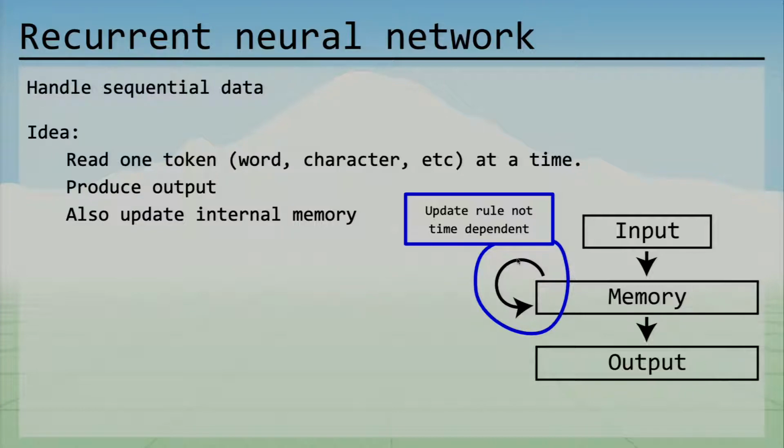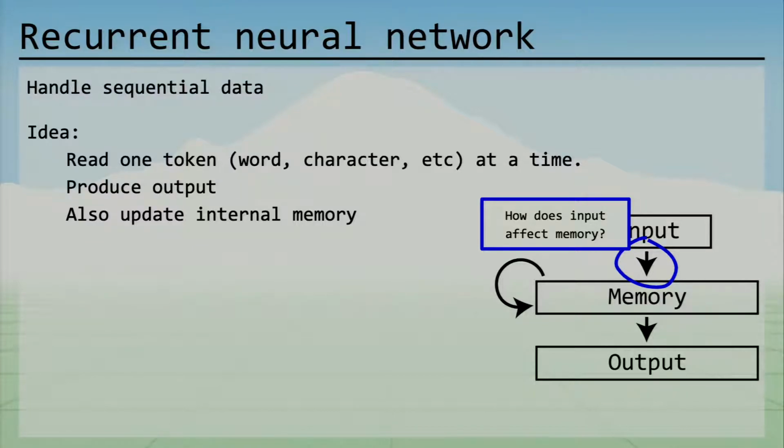So no matter how far we are along in this sequence, whatever our connections are from our previous time step are going to be the same to make some modification to our memory for the next time step. And so at every time step, we're producing some output, potentially depending on what our task is, and also updating the internal state of our recurrent neural network.